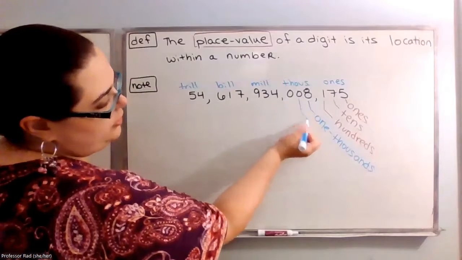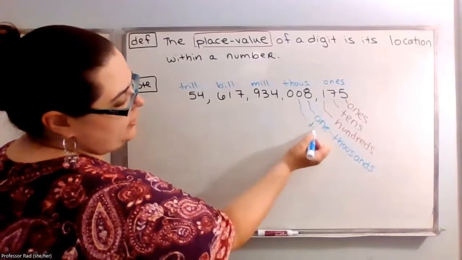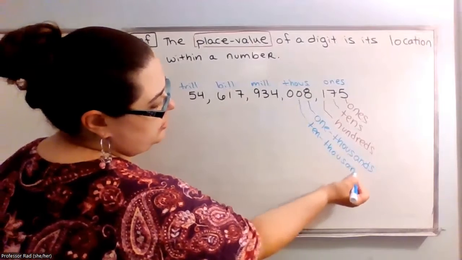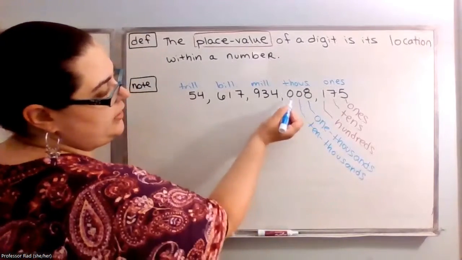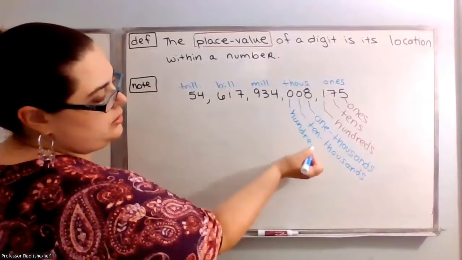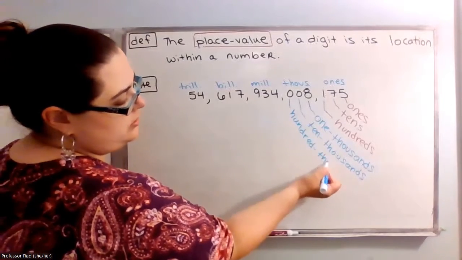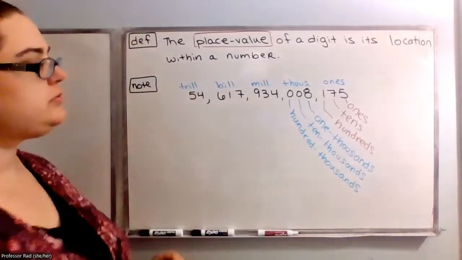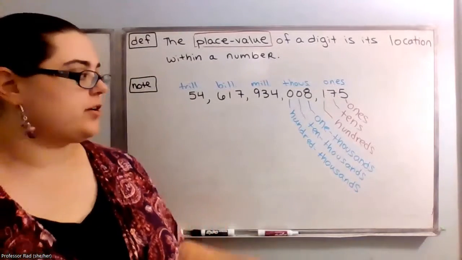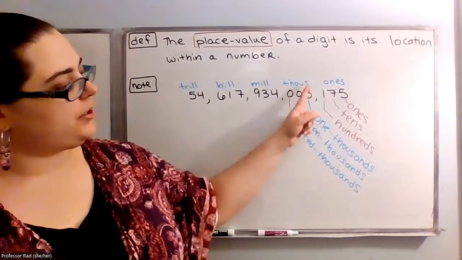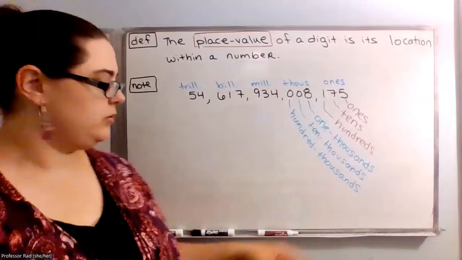The first 0 here coming from the right is in the 10,000s. And then this one here is in the 100,000s. So we have this pattern of 1, 10, 100, and then we follow it with the period name, the thousands.